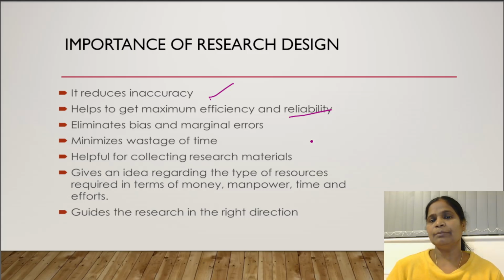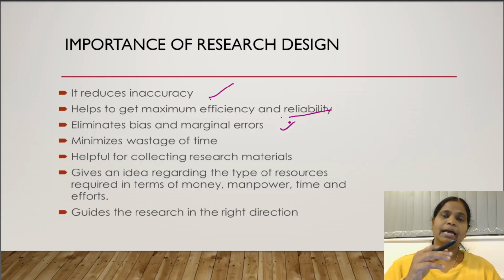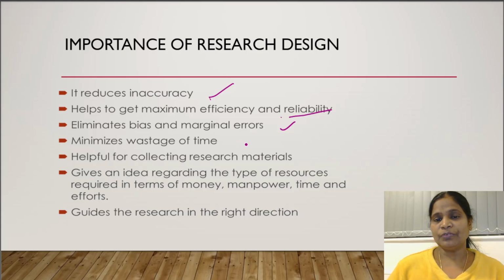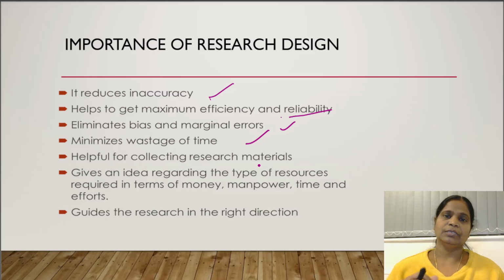It eliminates bias and marginal errors. The third point I explained already. Bias means our personal opinions, views, and perspectives will be eliminated, and errors also will be eliminated. There are type 1 errors and type 2 errors. It minimizes wastage of time. So, economy of time, manpower, and material.